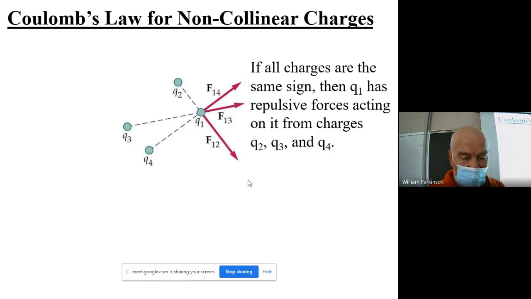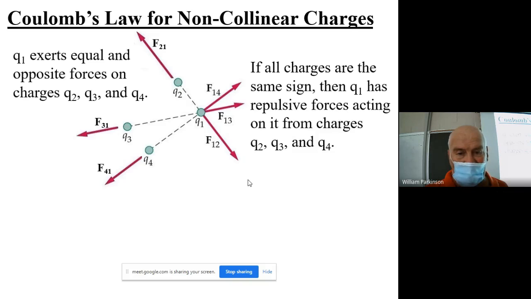What would I do? I would just take these individual lines. First here I'm showing Q1 is actually pushing on everybody else. As a matter of fact, Q2 is pushing on everybody else. Q3 is pushing upon everyone else. But I'm focusing on Q1. So I'm just showing you what Q1 will be doing on its neighbors with those arrows.